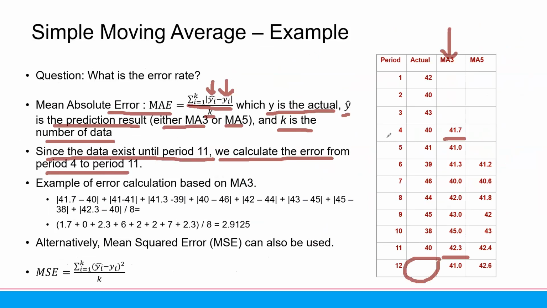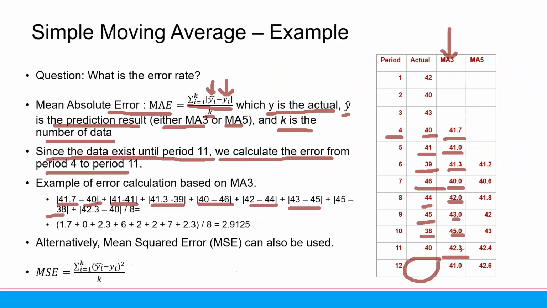Then we will do the error checking. What is the error checking? We will subtract 41.7 minus 40. And then we make absolute. 41 minus 41. 41.3 minus 39. And then absolute. 40 minus 46, absolute. 42 minus 44, absolute. 43 minus 45, absolute. 45 minus 38, absolute.